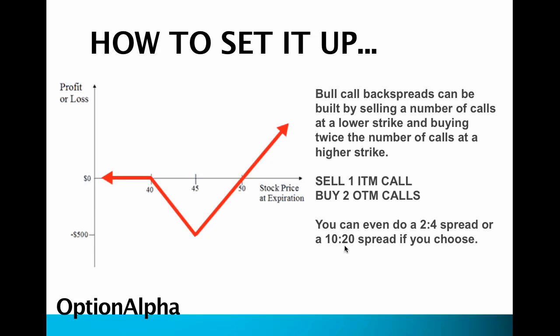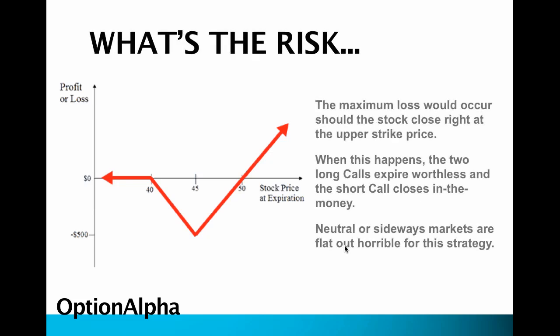Well, what's the risk of the strategy? The maximum loss would occur should the stock close right at the upper strike price. So if the stock closed right at 45, that would create the maximum loss of $500 in this case. The reason is that we are long 2 options at 45, so those options would expire worthless and make no money.